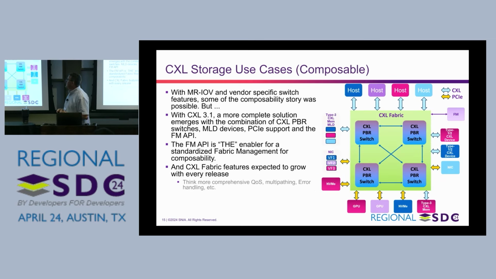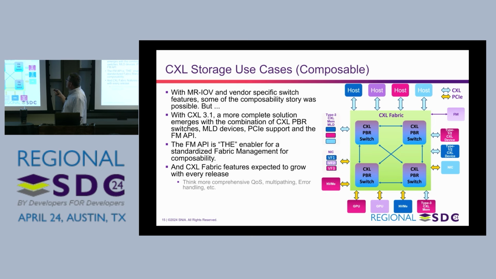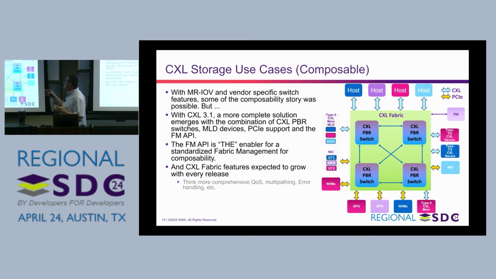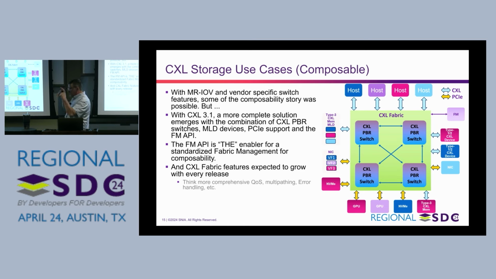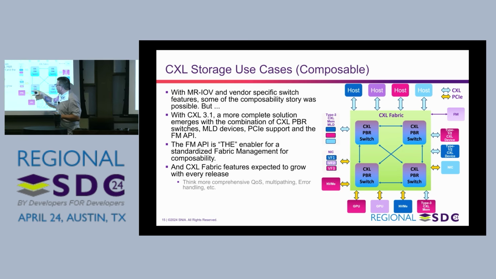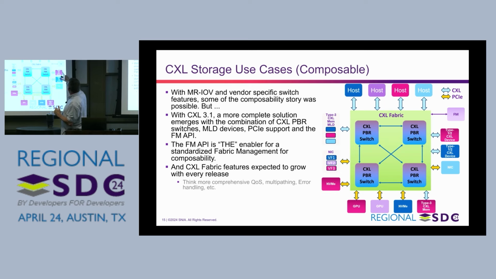And then lastly, I'll close with this slide, which is composability, right? The one nice thing with PBR is that now I can build these fancy meshes, and with the fabric manager, I have a standardized way of starting to build this, where I can zone storage, network storage, maybe a VF from this NIC and that NIC.